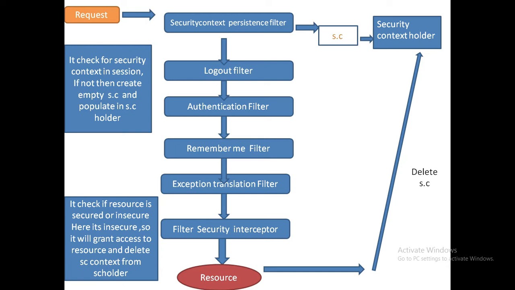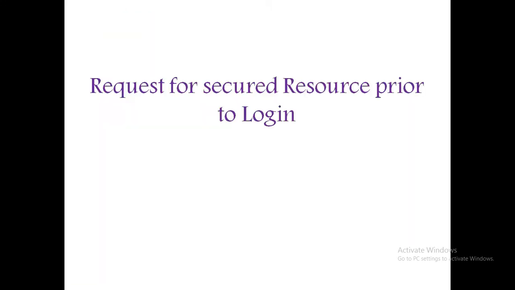Hope you guys are clear with this flow. So the next flow is a request for a secured resource prior to the login. Means we are trying to access a secured resource without logging in. Suppose you consider a Facebook page, right?